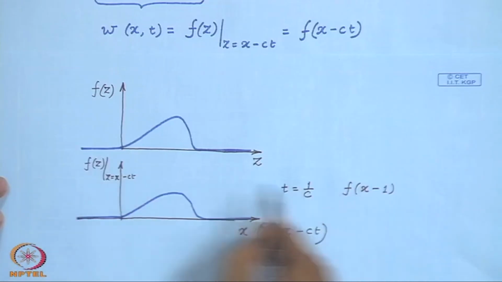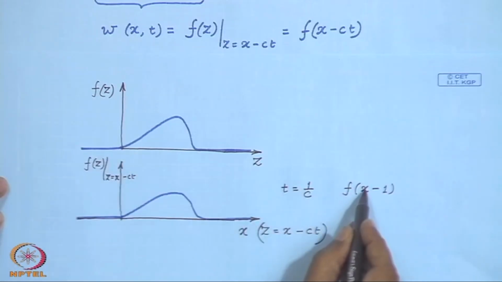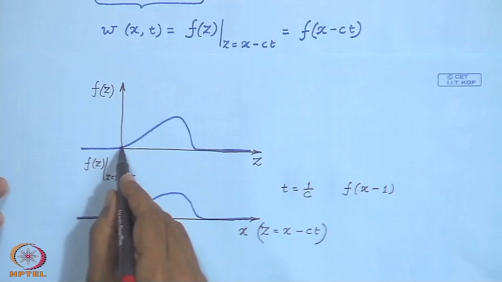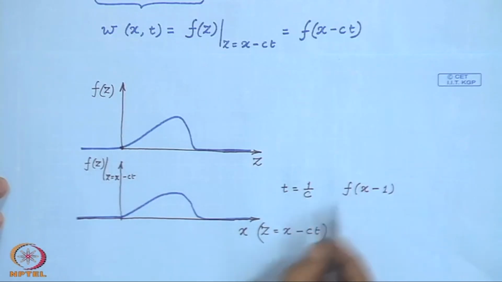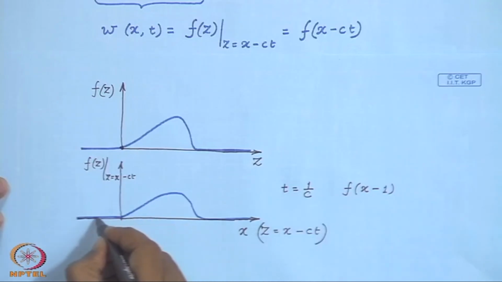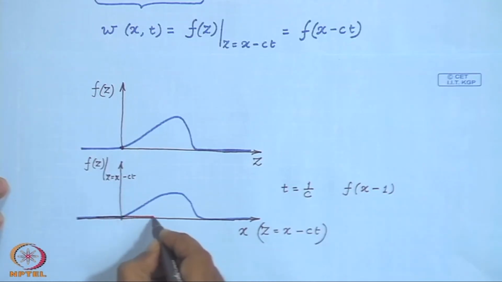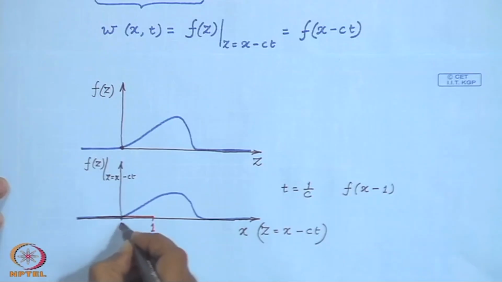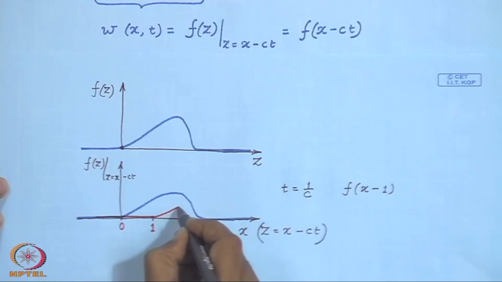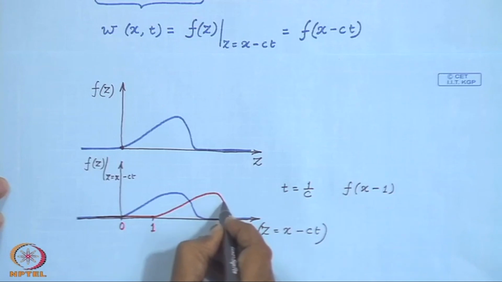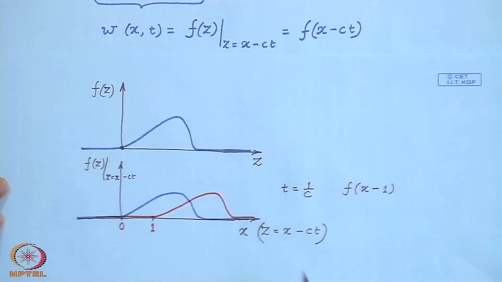Therefore, you find that the value at z equal to 0 now occurs at x equal to 1. So, therefore, this pulse has moved a certain distance towards the right.